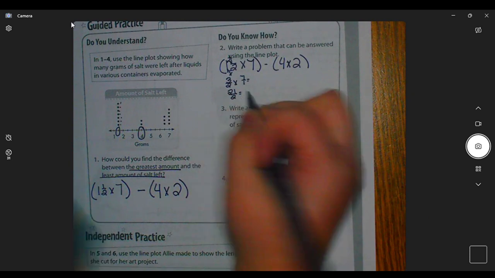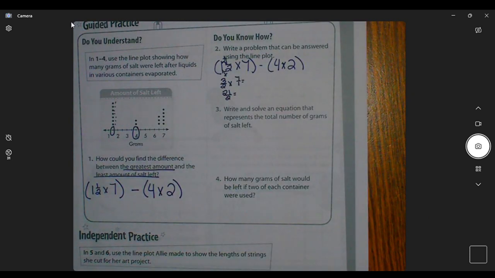How many times will 2 go into 21 without going over? It's 10, because 2 times 10 is 20.